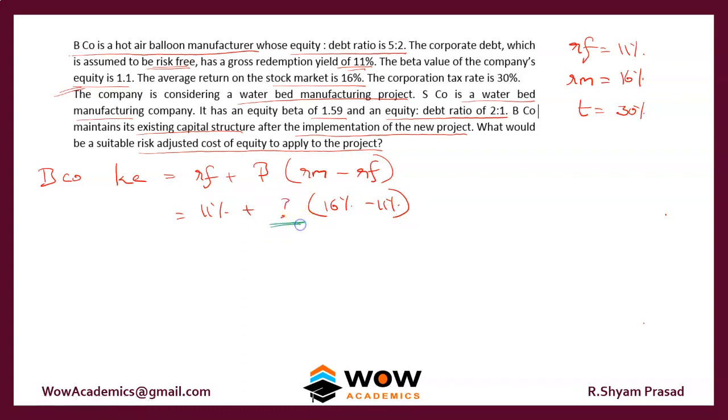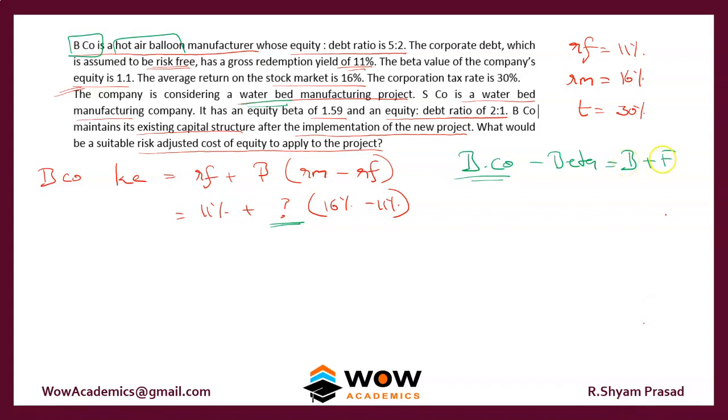So which beta should you use? If we use BCO's beta, we have two risks: one is business risk and the other is finance risk. But BCO is into hot air balloons, and BCO wants to enter into waterbed manufacturing. So the business risk is not what we want.